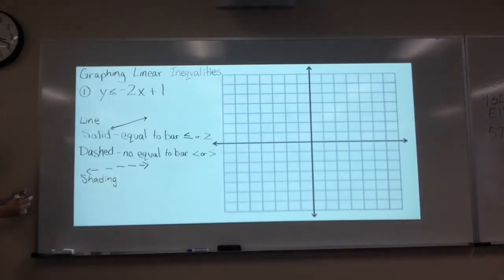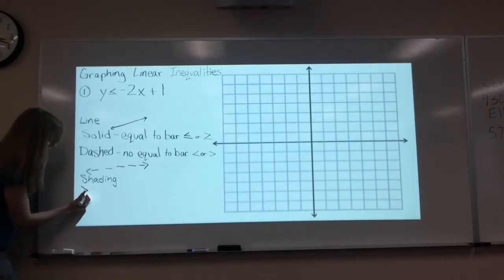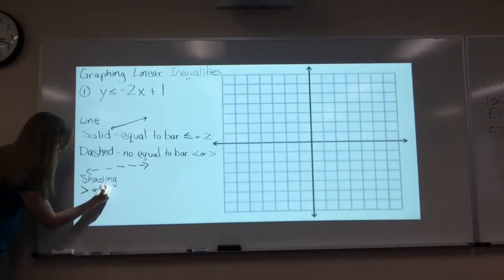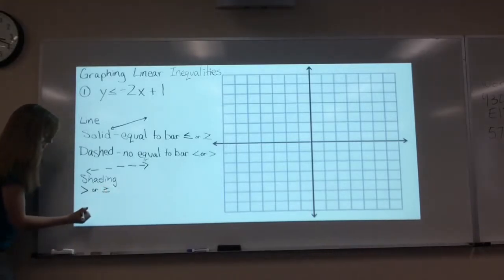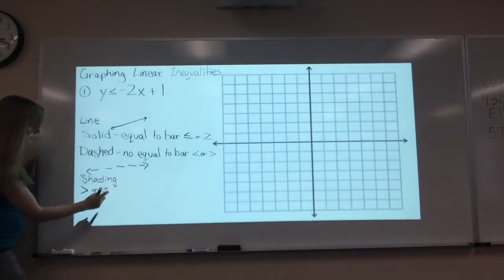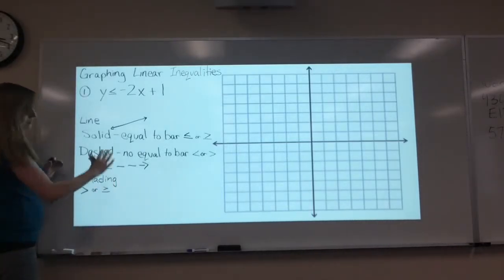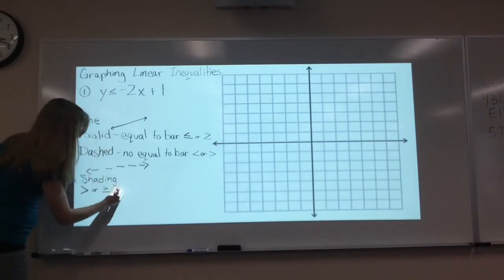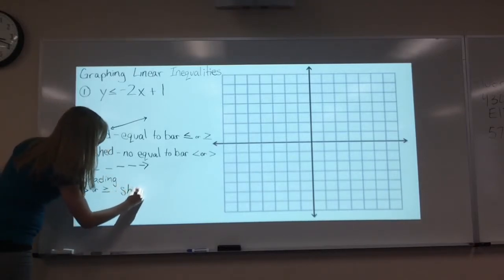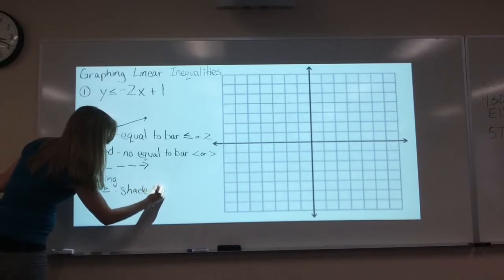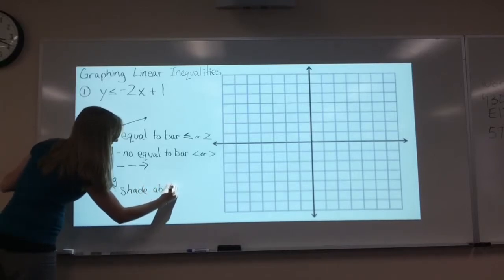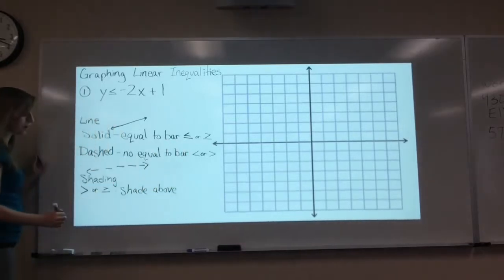For the shading, there are two different ways that you will shade. If you have a greater than symbol or a greater than or equal to symbol, and either of these, so it has to be greater than, you will shade above the line, okay? And this will make more sense when we actually do a problem.